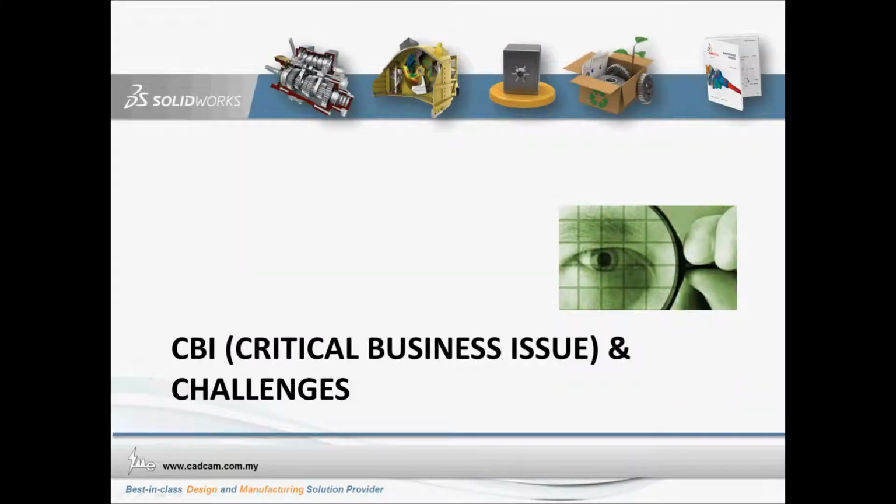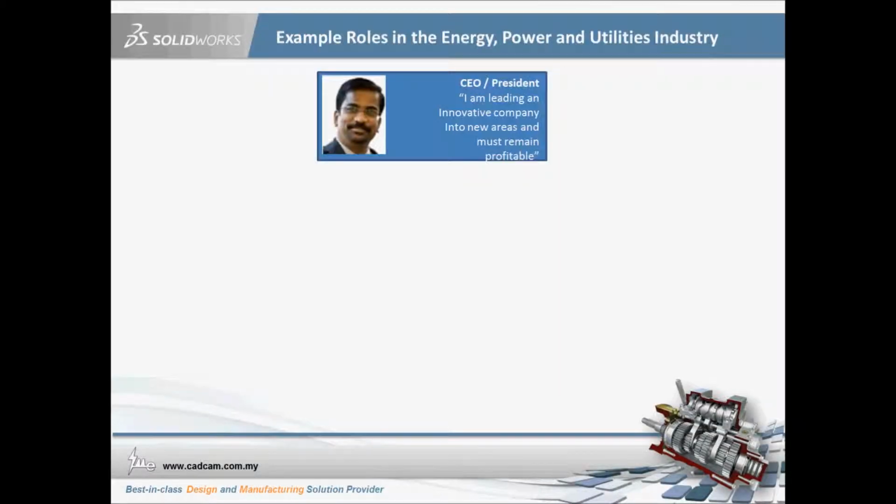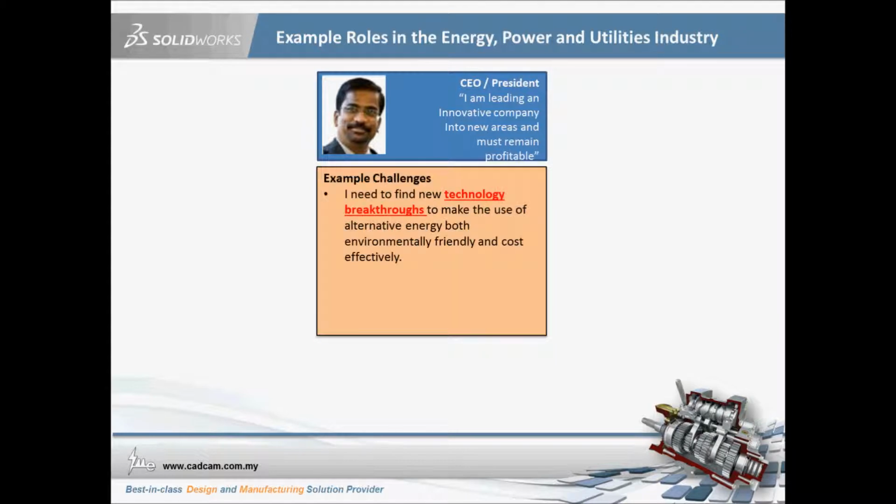Now, let's look into the critical business issues and challenges for different positions. Let's say for the CEO: I am a leading innovation company in a new area and must remain profitable. An example of the challenges the CEO might face is that I need to find a technology breakthrough to make the use of alternative energy both environmentally friendly and cost effective.